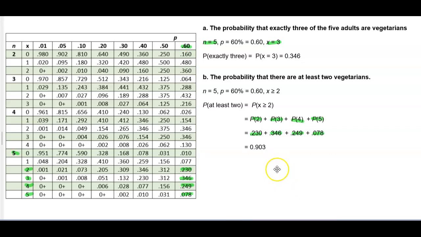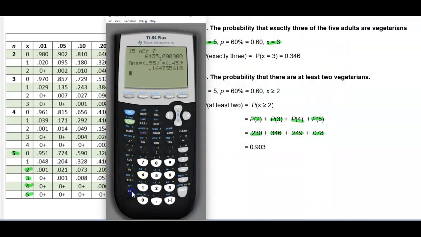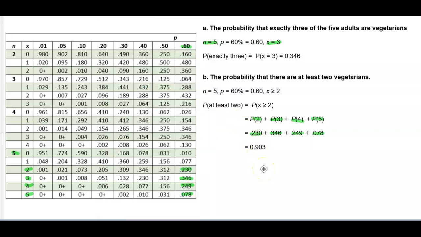When we add them all together, we get 0.903. Let's do that on our calculator to verify that. So we have 0.230 plus 0.346 plus 0.249 plus 0.078, which gives us 0.903.